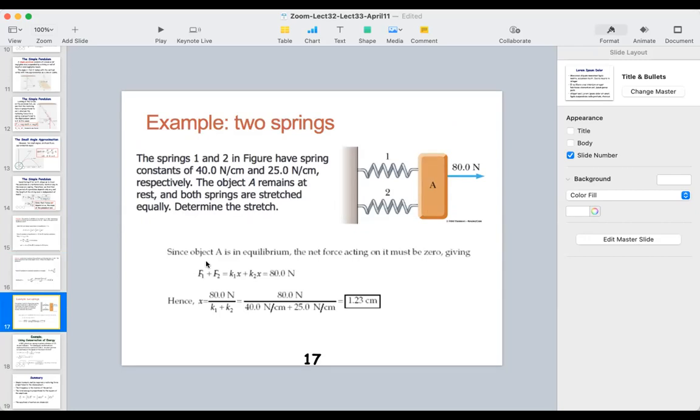Since the object here is in equilibrium, it says that the object remains at rest, so the net force acting on it must be 0. So we have that F1 plus F2 is equal to k x1 plus k x2, which is 80 Newton.